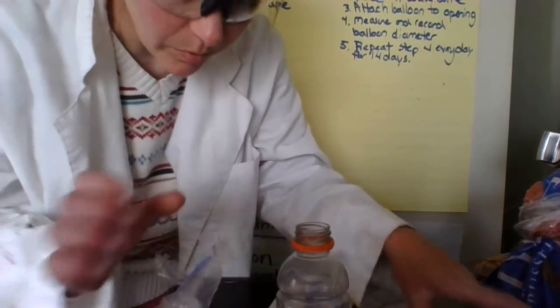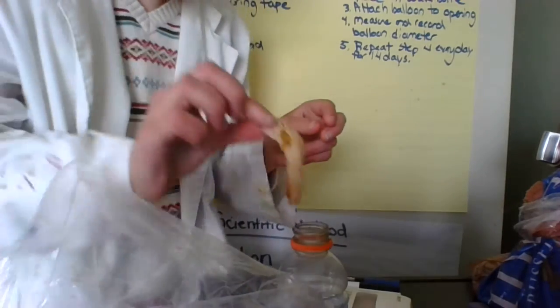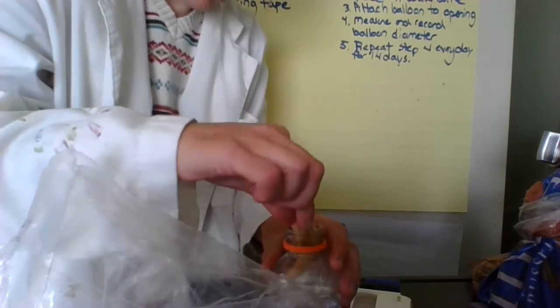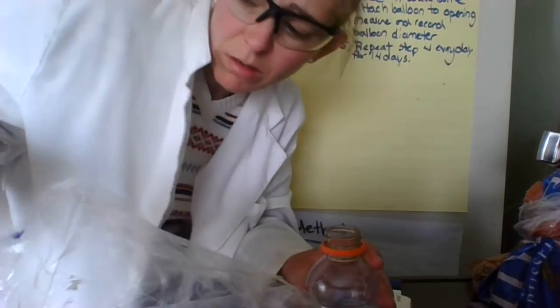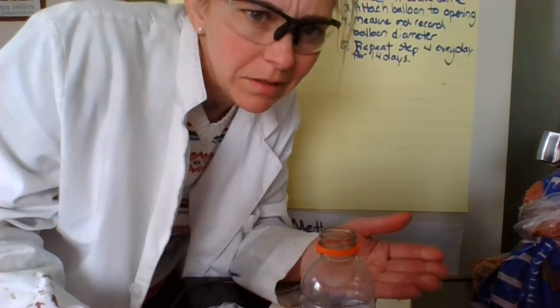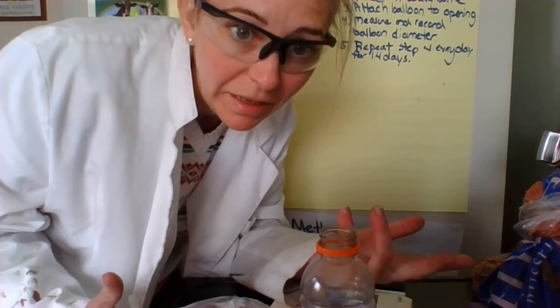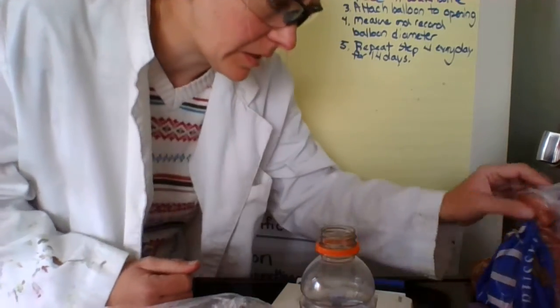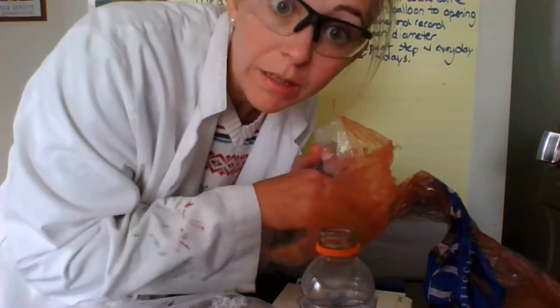Okay, and then we'll take a little bit of this yucky salad and put it in. I don't know what type of food makes the most gas. Maybe that could be a different experiment. Like if I put lettuce in one and apples in another and potatoes in another, maybe they would be different sizes and diameter of the balloon at the end of the experiment. That could be a totally different one. Right now we're just going to see, does it make gas?